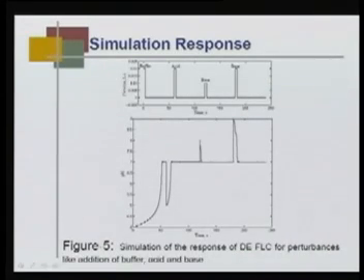Now, the simulation response: we first did the simulation for the theoretical model that we obtained. So, here what you are seeing are the flow rates of the buffer, acid, base, that is how the input stream, and here is our output. What we are trying to do is that the pH is controlled at its neutral value 7.